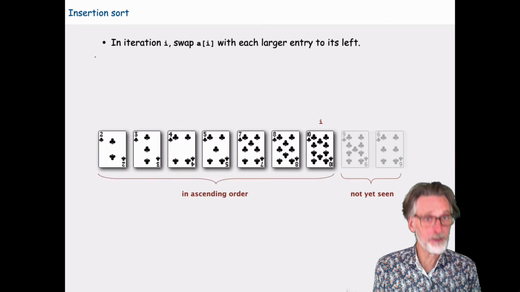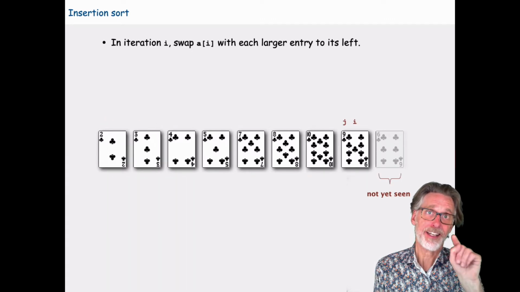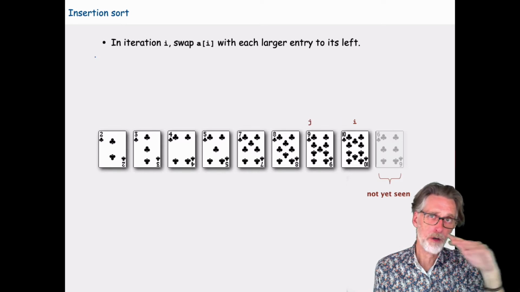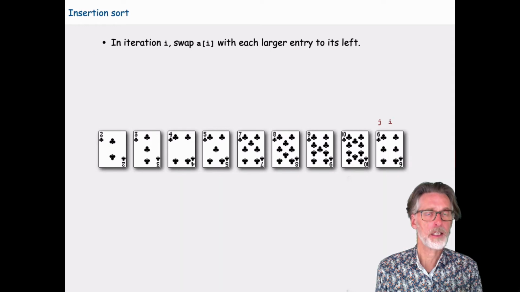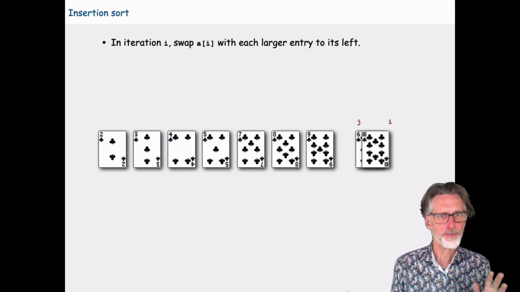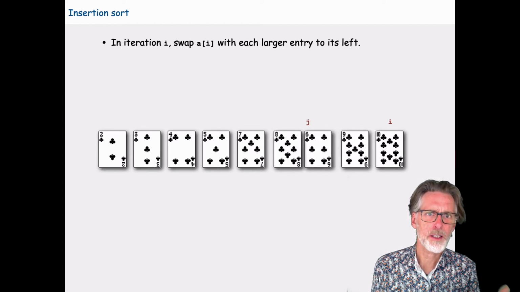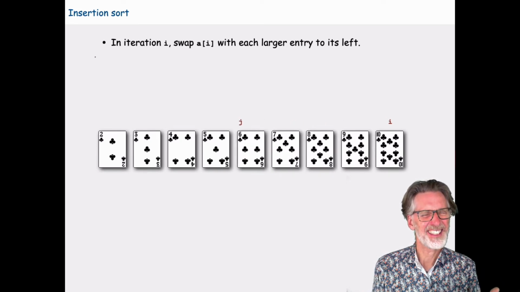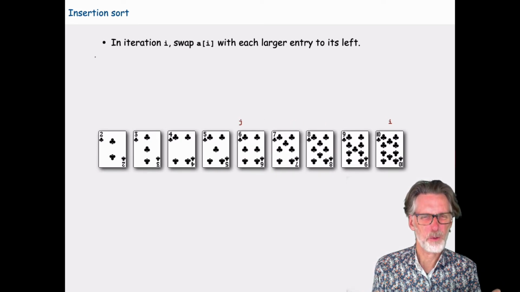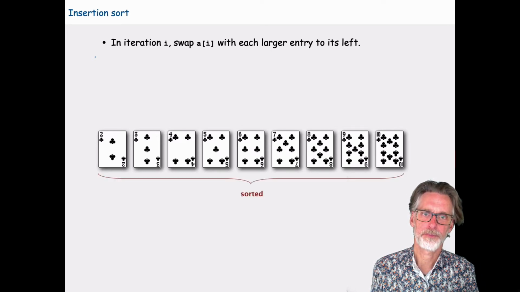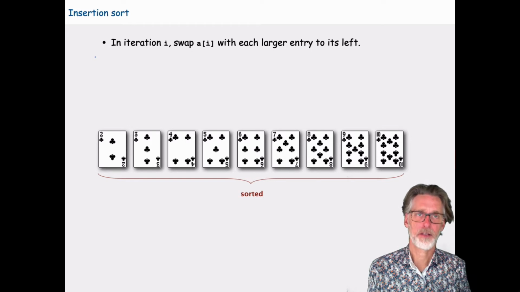But we can also get lucky. Look, 9, it's not that far off. We're just going to do one little swap. So if things are more or less already in order, we're not going to do that many swaps. You can imagine what the worst case is here. What's the worst case going to be? Oh, it's going to be if it's backwards. So if it's reverse sorted, I'm going to get in trouble. But that's how the algorithm works.